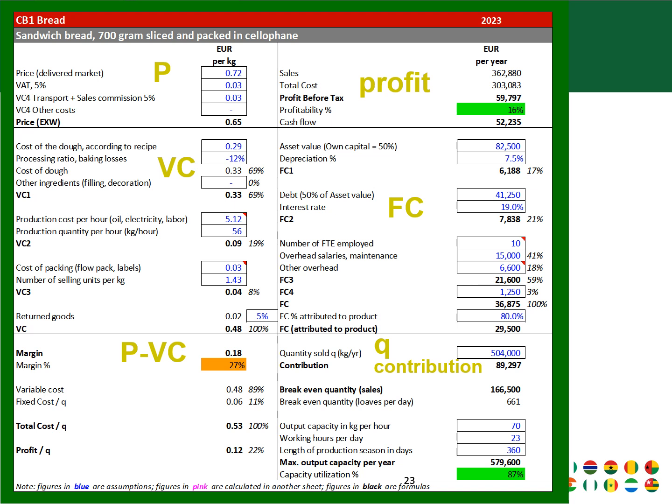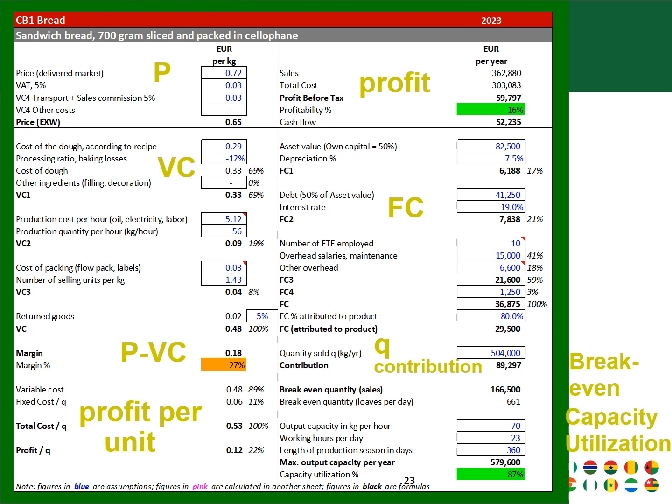Revenues minus total costs. Of course, the result is the same. Further, the cigar box calculates the cost price and the profit per unit, the break-even quantity, and finally, the cigar box helps to calculate capacity and capacity utilization.